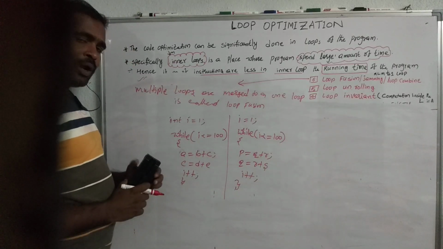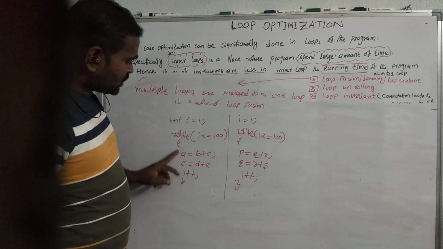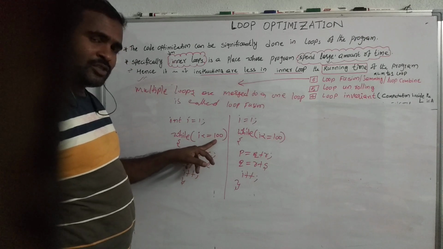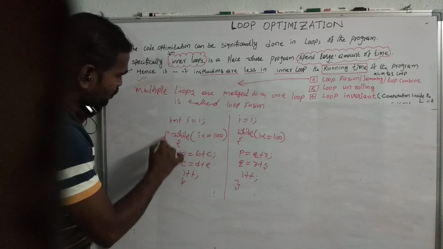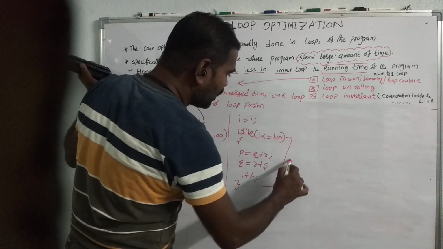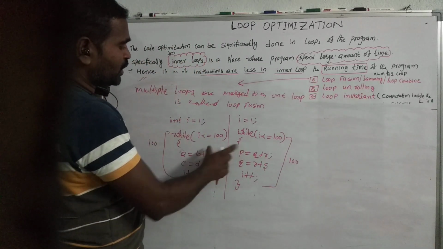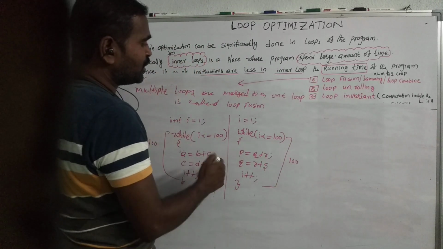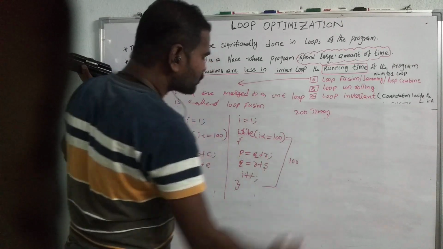So in our program, what happened here? These particular expressions are evaluated 100 times. This loop repeats 100 times, and this loop also repeats 100 times. In total, these two loops are evaluated 200 times.